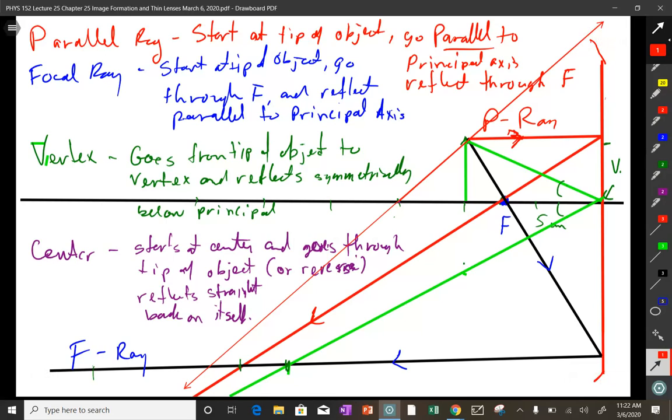And that's how you do the center ray. But like I said, that can only be done with mirrors, not with lenses. So I don't emphasize that because the other three, you can do whether it's a lens problem or a mirror problem.